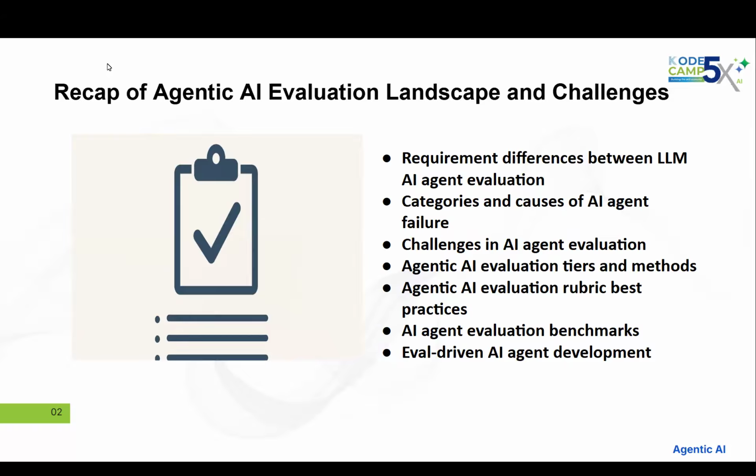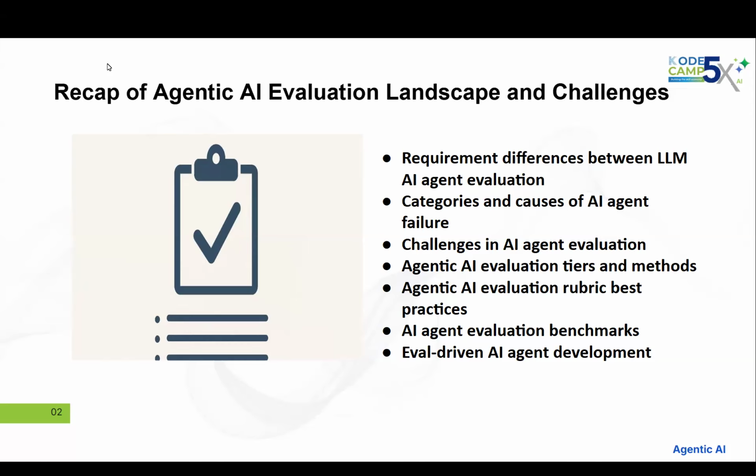And the agentic evaluation tiers, I also recall that we spoke about that. That's still about evaluation. You're right. We talked about evaluation last week, right?